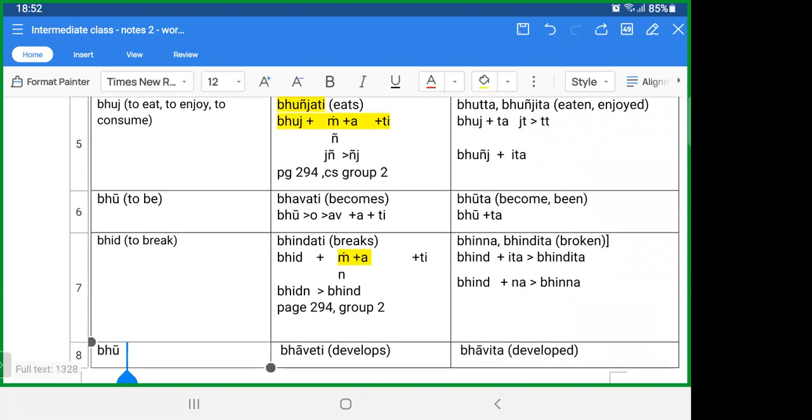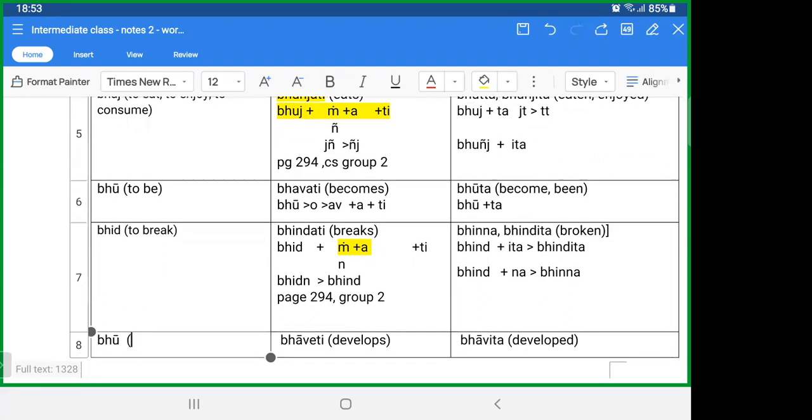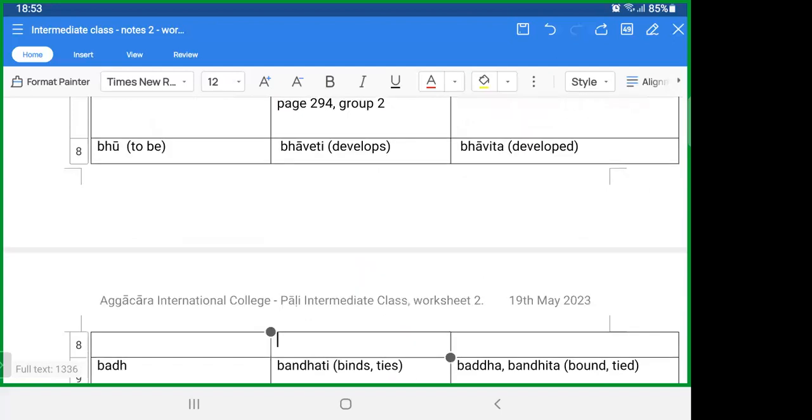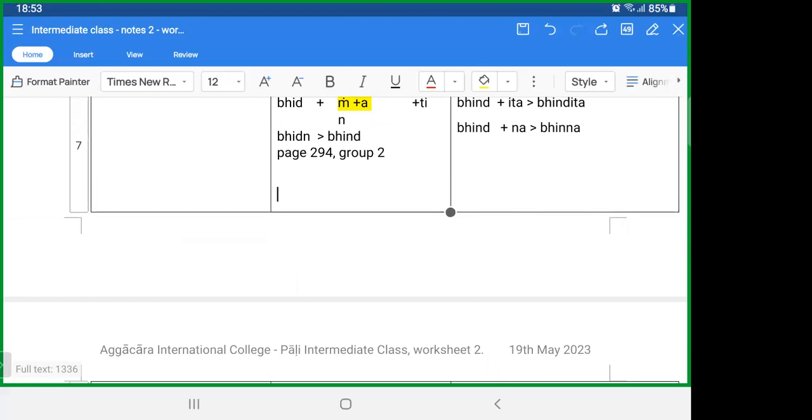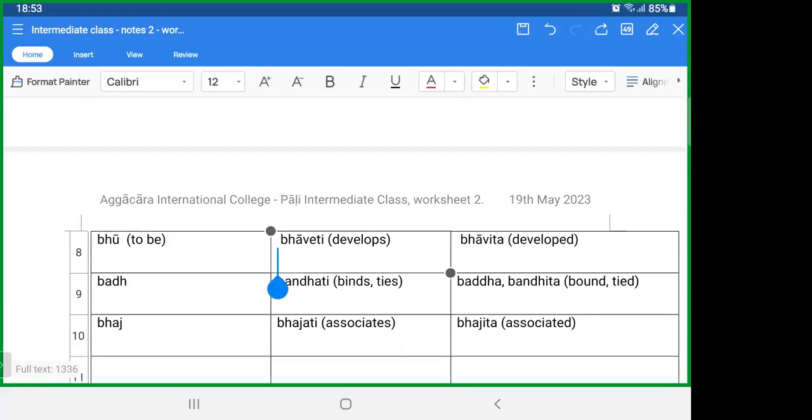Okay, next one is bhū. So bhū also, okay, bhū is always to be, all right. This one is develops, right? I think I showed this also in class already.